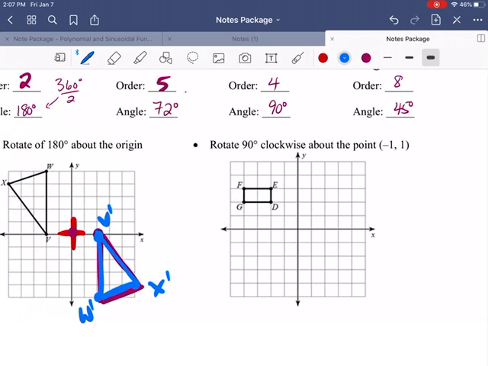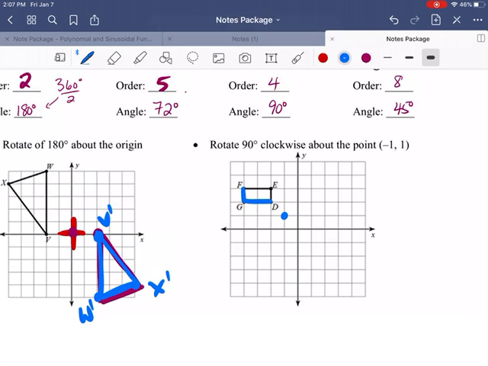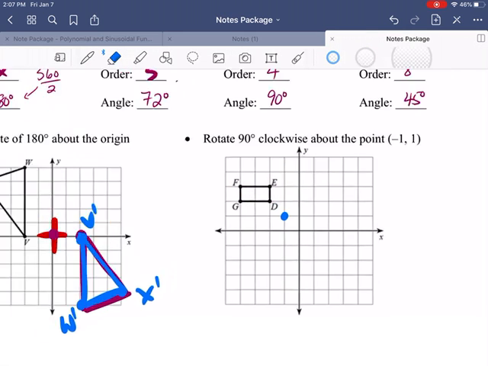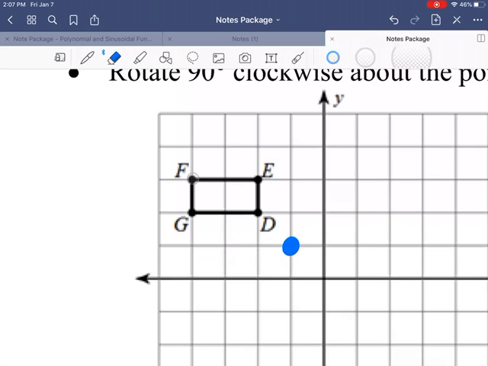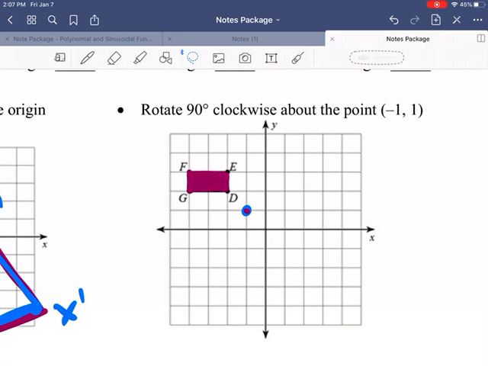So V prime, X prime, and W prime. Now the last one is rotating around the point -1, 1, which is right there. So again, if you trace your image, let's be a little bit more precise here actually. Tracing that image and the rotating point, and we got to rotate it 90 degrees clockwise.